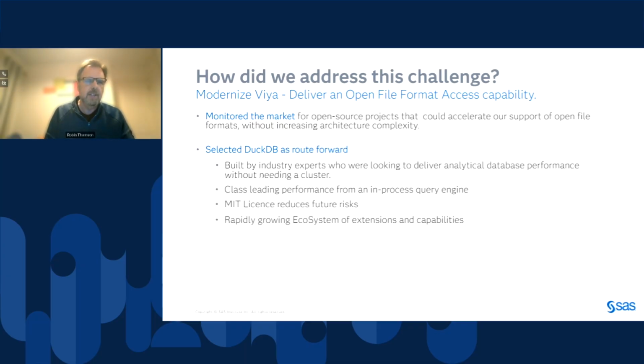I guess it's been around a little while now, with version 1 of the open source coming in 24, but really built, obviously within Europe, within the Netherlands, by some industry experts who were looking at how to deliver analytical database performance without needing huge volumes of IT equipment and clustering, those types of things. It's definitely class-leading performance for an in-process query engine at this point in time. Struggled to find anything that competes with it in this space.